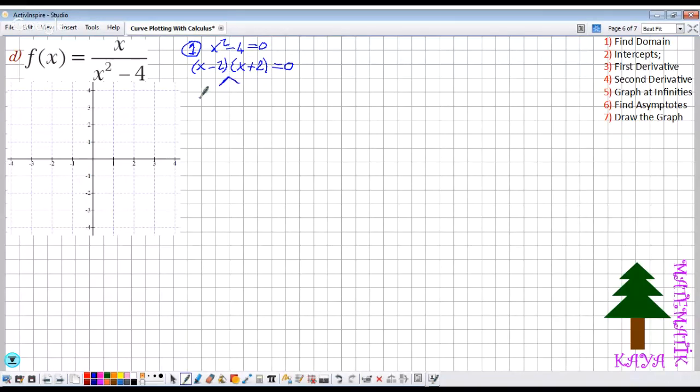So there are two roots, x positive 2, x negative 2. That means in the domain all real numbers can be used, but minus 2 and positive 2 cannot be used in this function.